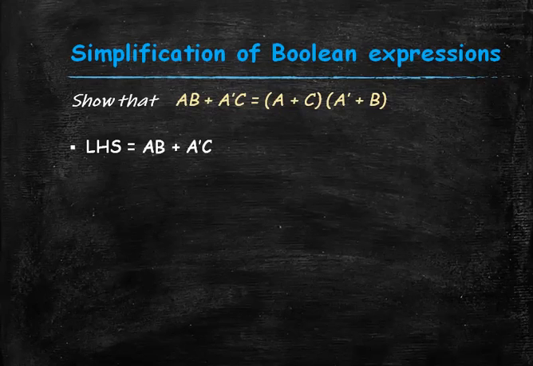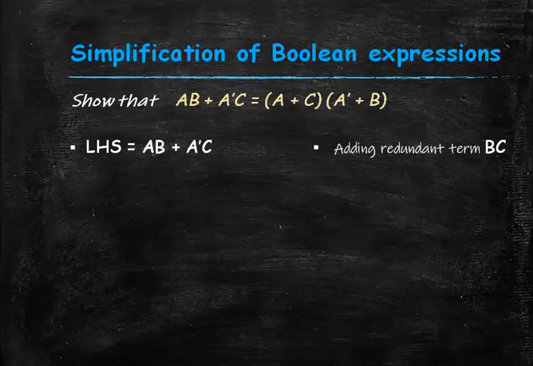In that case, we have to add, or we have to obtain more terms. For that, here we add the redundant term BC. Look at the expression, it is AB + A bar C. Then here there are three variables A, B and C. Here A is complemented in the second term.